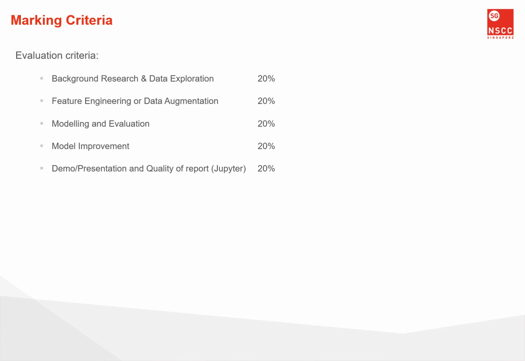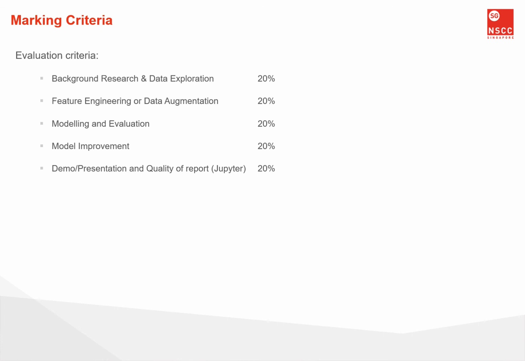Then, of course, modeling and evaluation will be one part of your evaluation. And important in any machine learning experiment is to see how you can move beyond just the basic results or whatever initial baseline model that you have, to try to refine and improve it to get the best possible result given the data and given the particular algorithm.